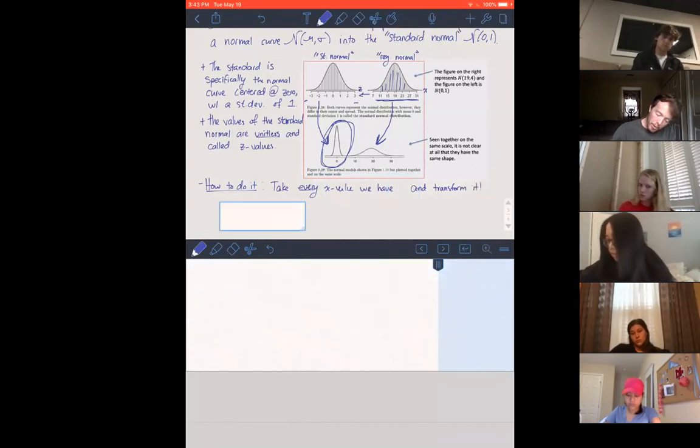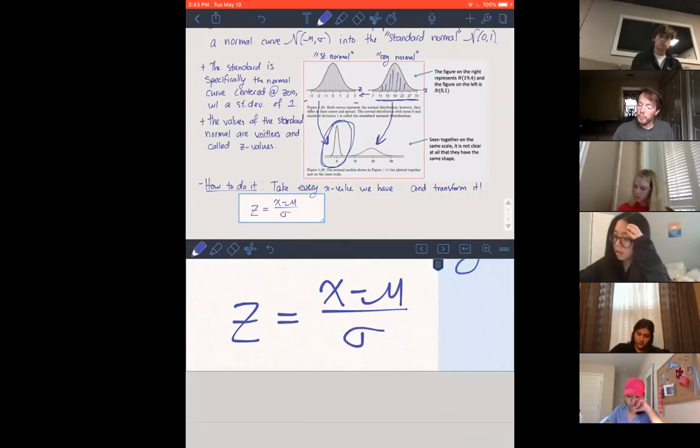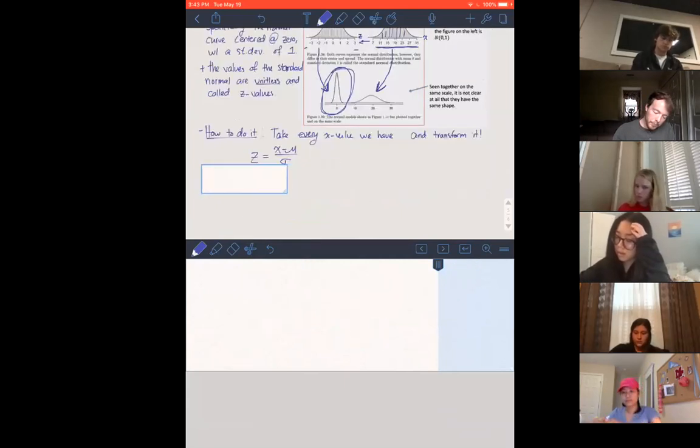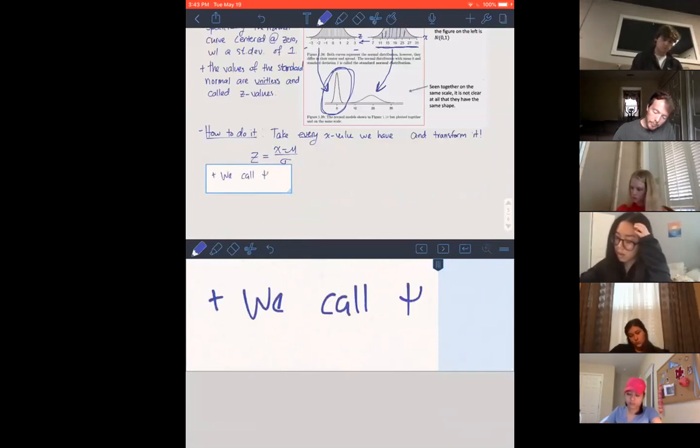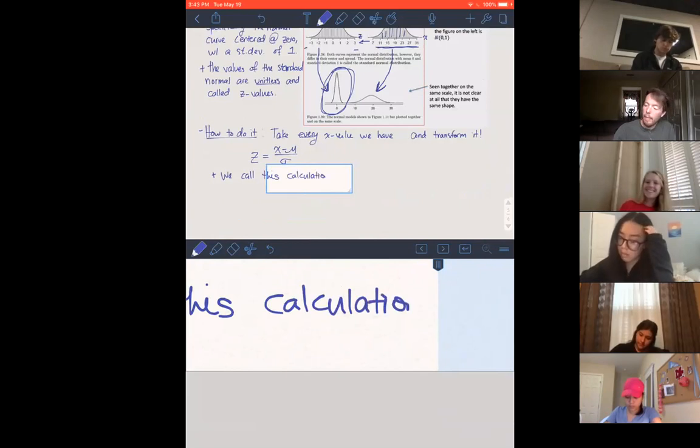The z-score, or z-value, of any x value that we want to investigate is just that value minus the center point, the mean mu, divided by the standard deviation of the normal. We call this calculation a z-score.